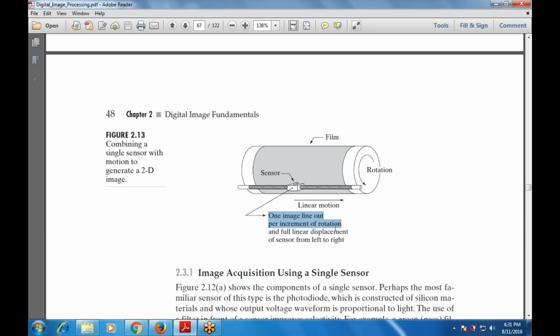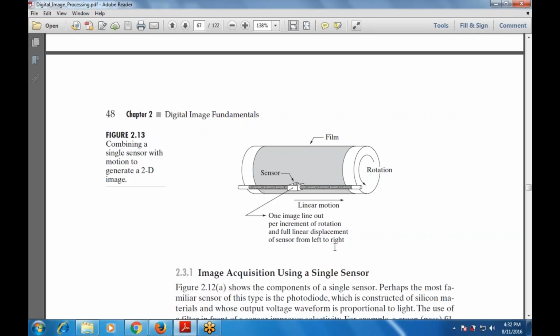There is one image line out per increment of rotation, and a full linear displacement of the sensor from left to right. So a single sensor is combined with motion to generate a 2D image.